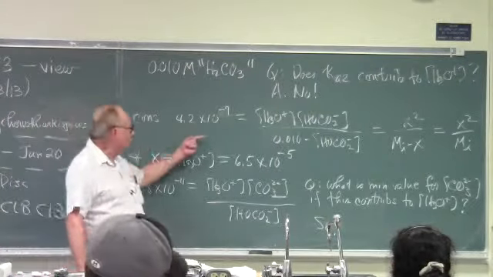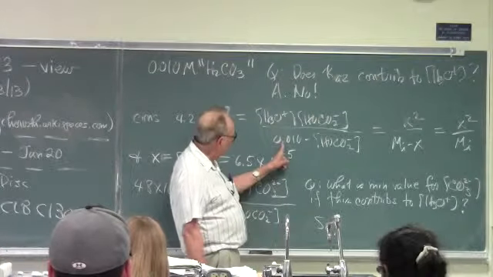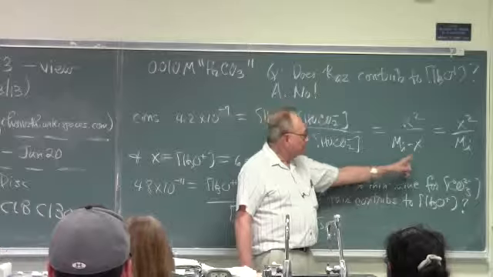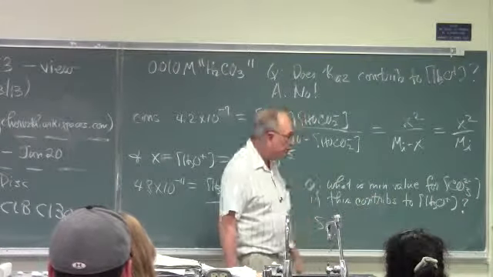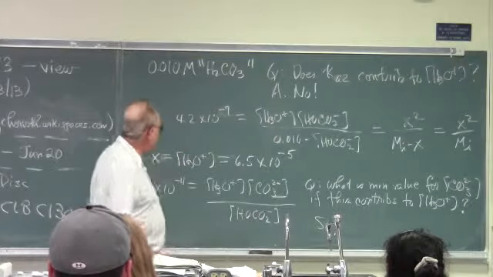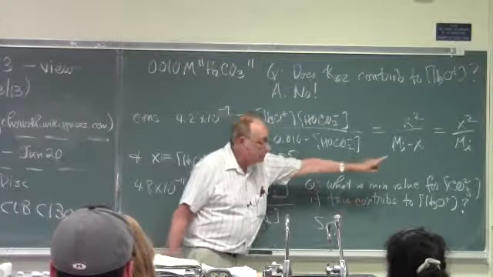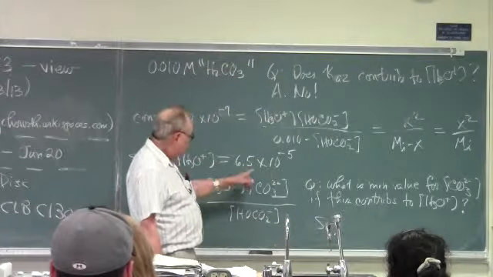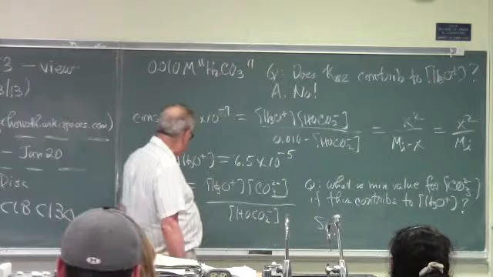Well, if that's true, here's the hydronium ion calculation. Here's the chemical version of Ka1, which converts to x squared over M sub i, because M sub i less x won't change M sub i, which we see when we compute x on the basis of x squared over M sub i. We get 6.5 times 10 to the minus 5.